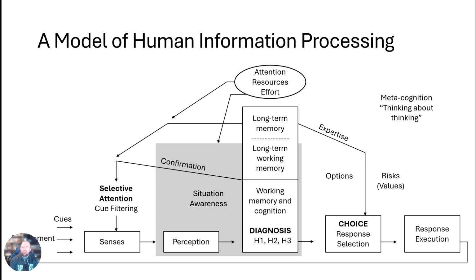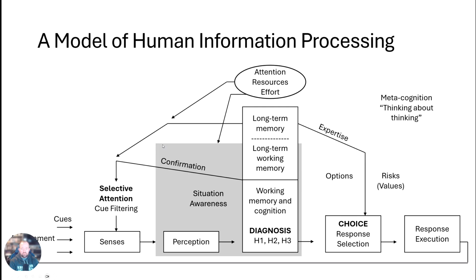So here is kind of a fundamental information processing model. That's a specific type of cognitive model that we'll look at. So it's relatively straightforward. We have environment and cues. They get handed into our senses, which then gets handed into our perception, which then goes into this working memory and cognition.